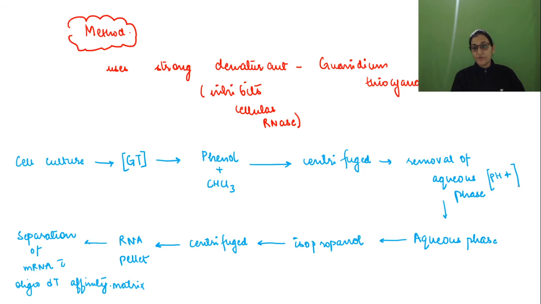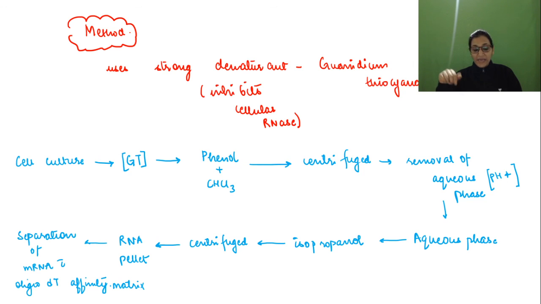Under these conditions, the protein partitions to the organic phase and most of the large DNA is trapped in the interphase. So remember that the protein partitions into the organic phase and DNA is trapped in the interphase.